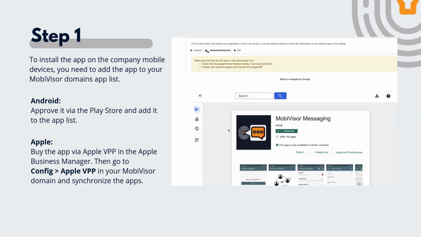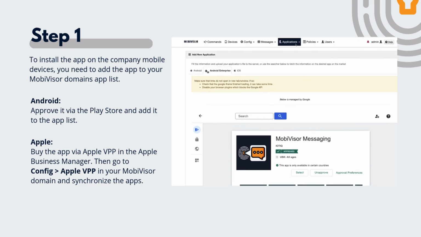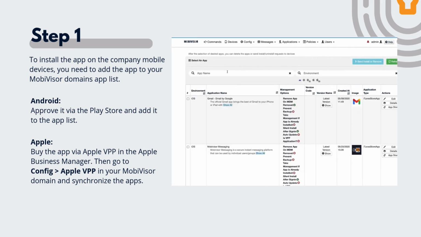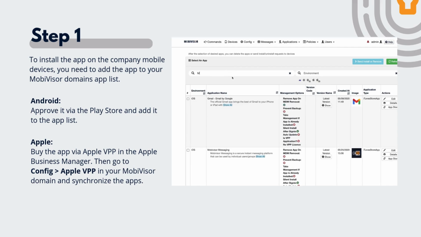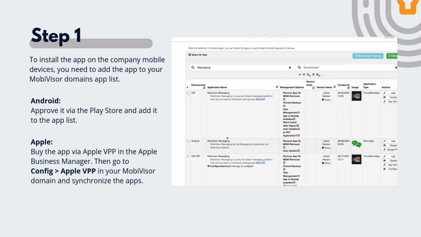Click on the app icon and approve the app. In this case, the app is already approved. If an app is approved, it will appear in the app list, as you can see here.